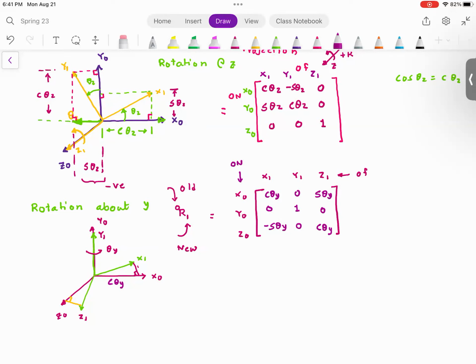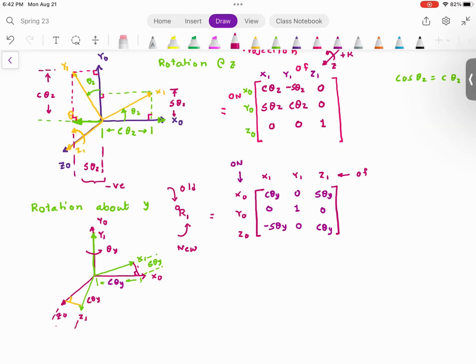And please understand, I didn't explain this clearly in this figure, but you can actually look at these projections, and that should tell you. So this is going to be cosine theta y.